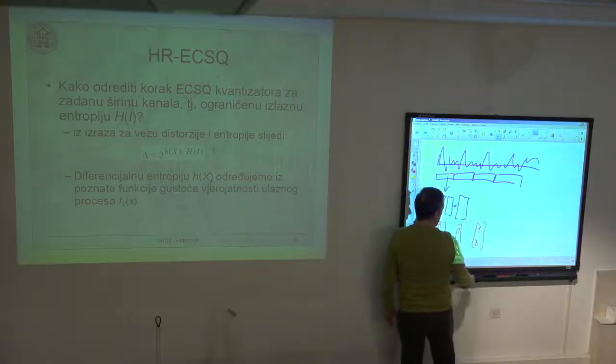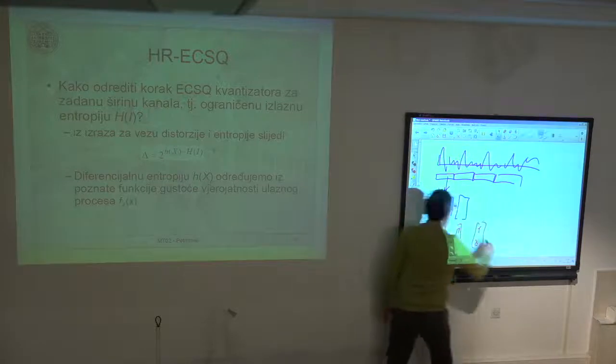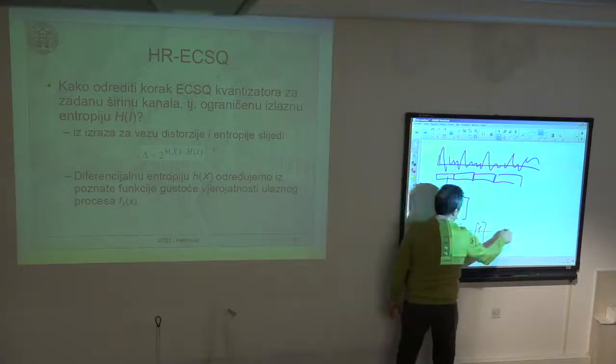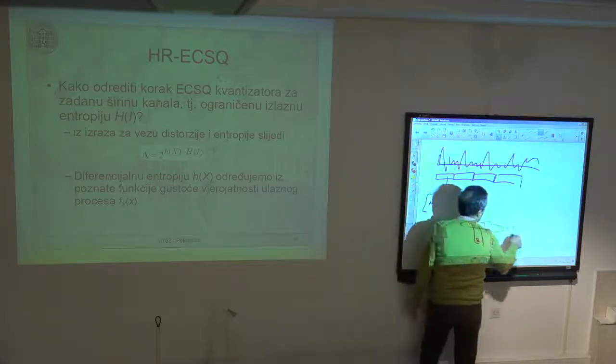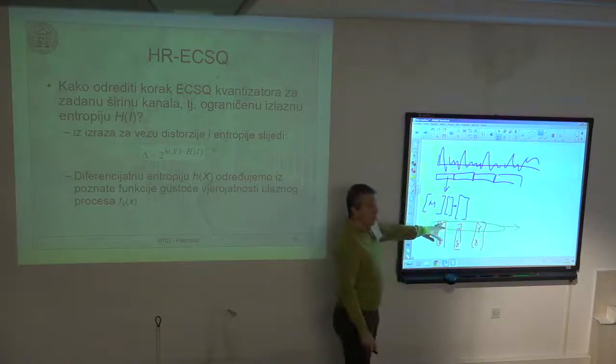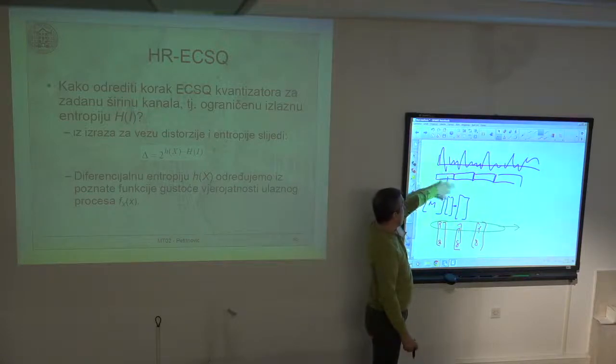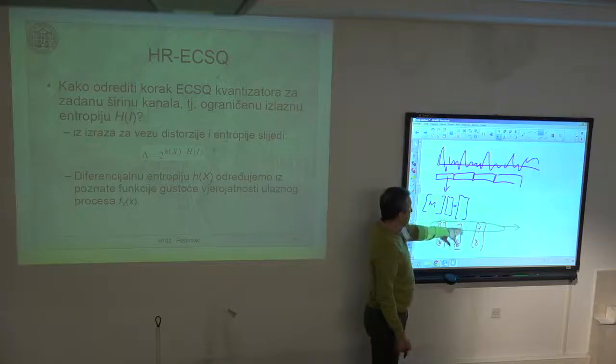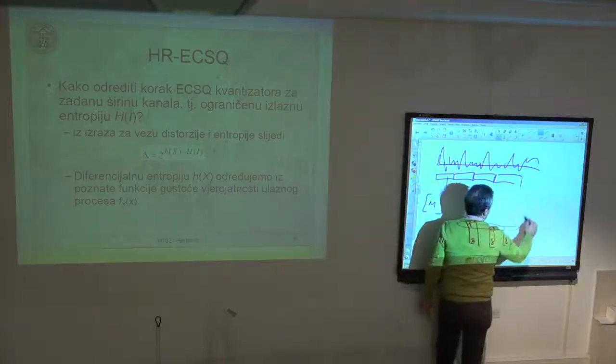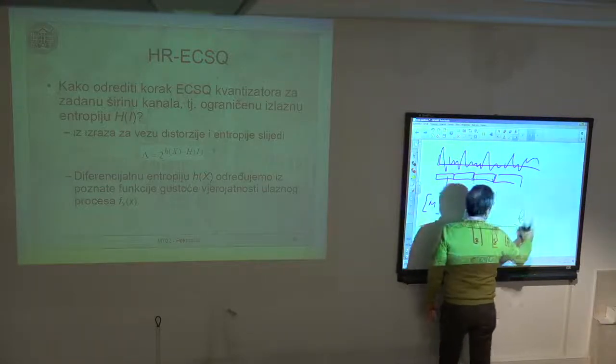Now I can treat this as 8 signals. This is one signal whose rate is 8 times lower than the original rate. Why? Because I take 8 time domain samples and convert them to 8 frequency domain samples, so I have the lowest coefficient once in 8 input samples. So this rate is the input rate divided by 8, Fs over 8.